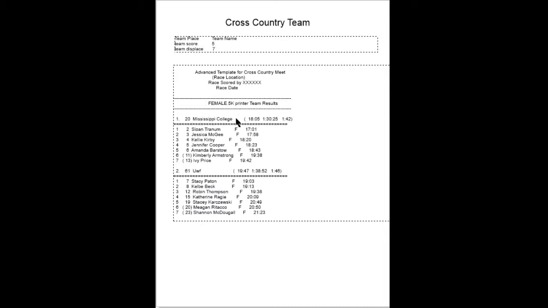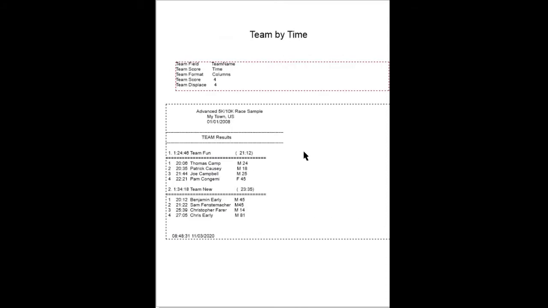This is done in cross country so that we come up with a team of 5 and 2 displacers. Same thing here. Very simple, very easy to do, and you can look in the advanced race samples for all the stuff on that, or on the cross country sample races.